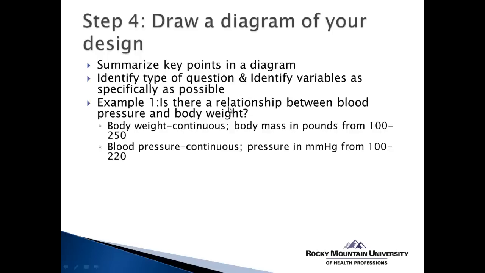When we say that we want to determine the relationship between 2 variables, we're talking inherently about a correlational research question or a prediction research question. So in this case, we want to determine that relationship. We have 2 variables that we're working with. We have body weight, which is a continuous numeric variable, and we're measuring body mass in pounds between 100 and 250 pounds.